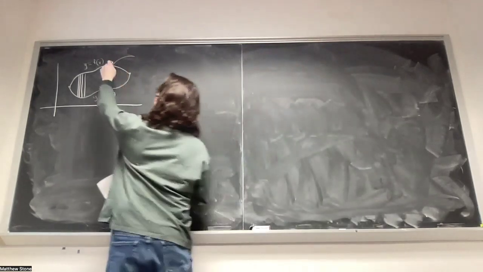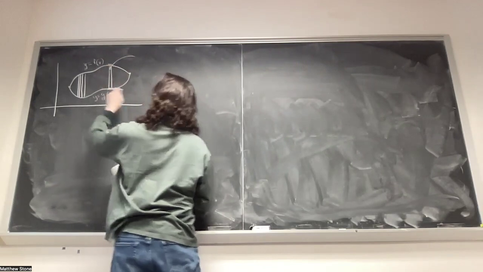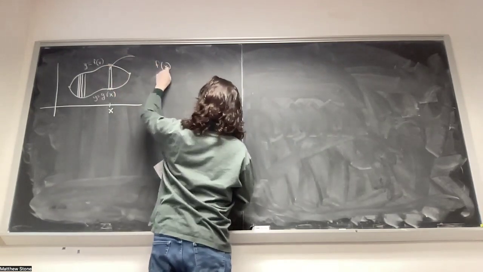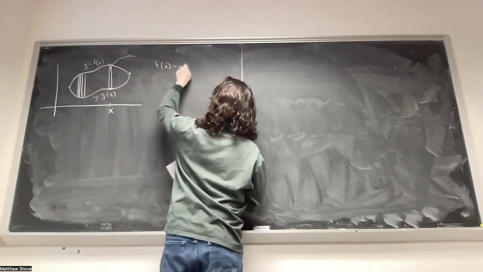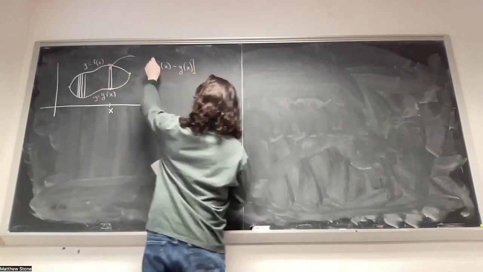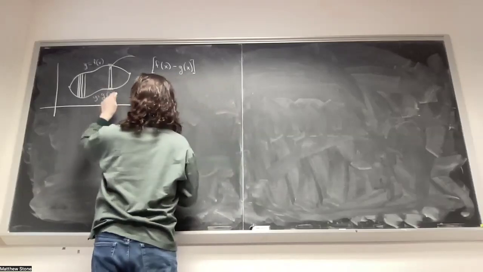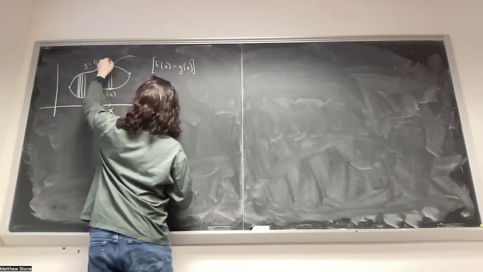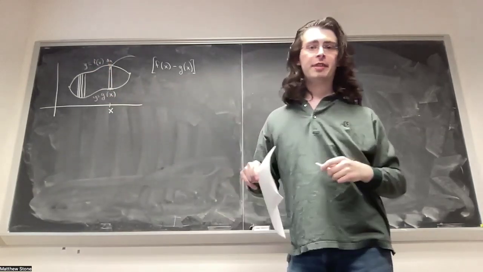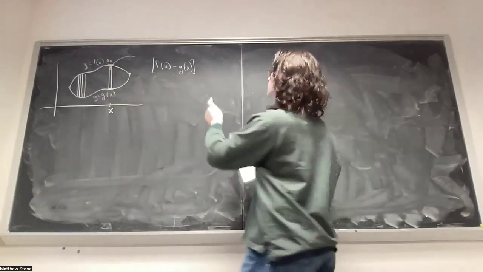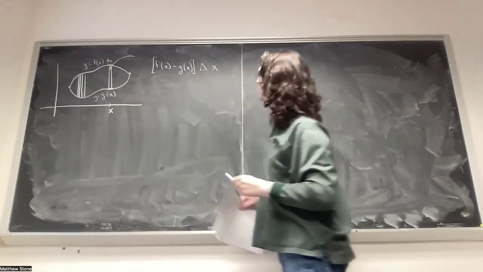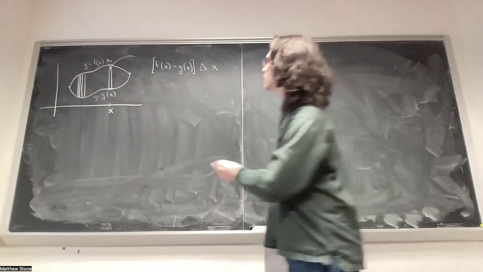The height of the rectangle is f of x minus g of x. Its width is given by some delta x, depending on how thinly we cut the slices. And so the area of the rectangle is f of x minus g of x times delta x.